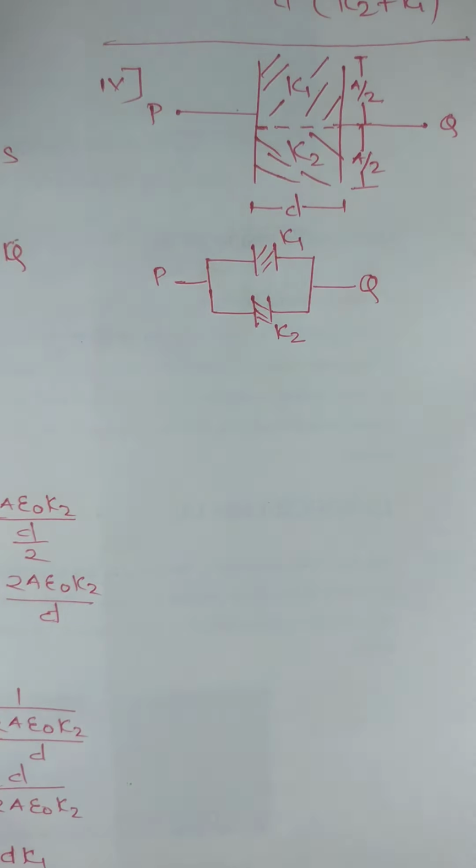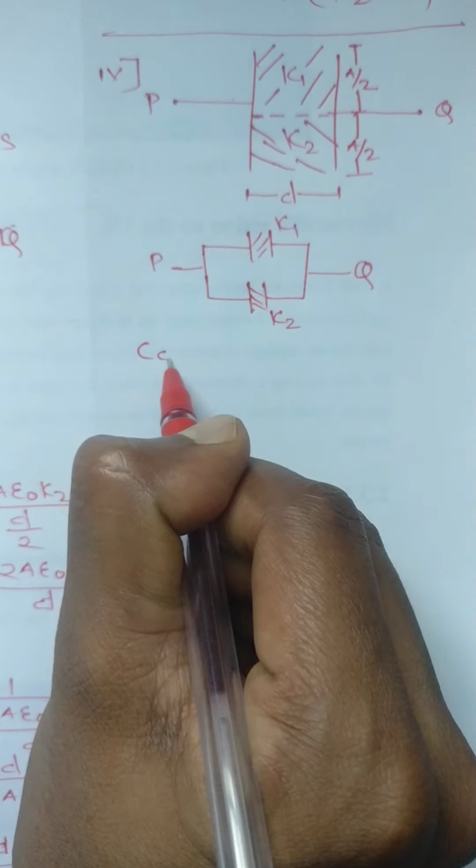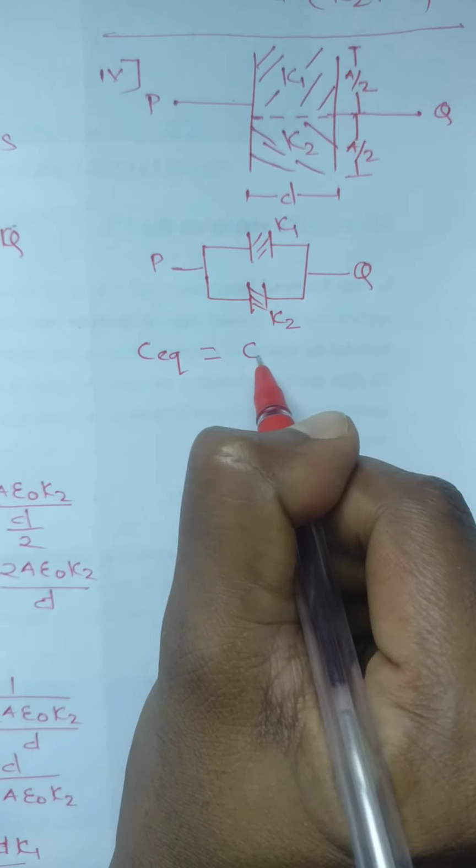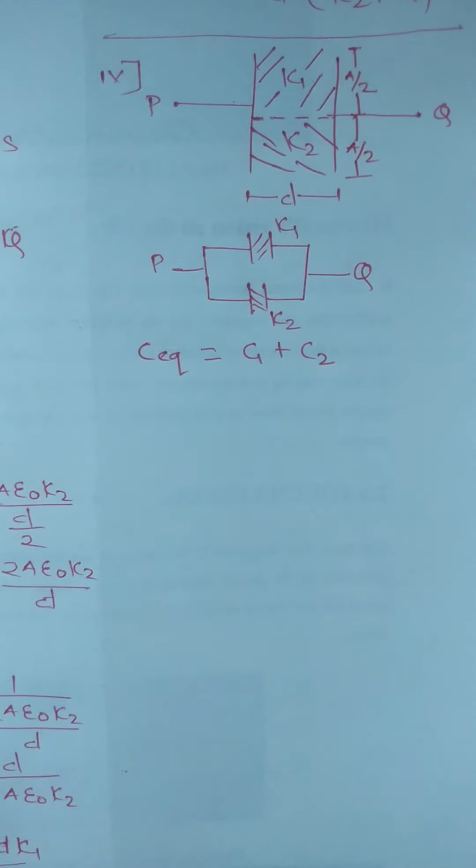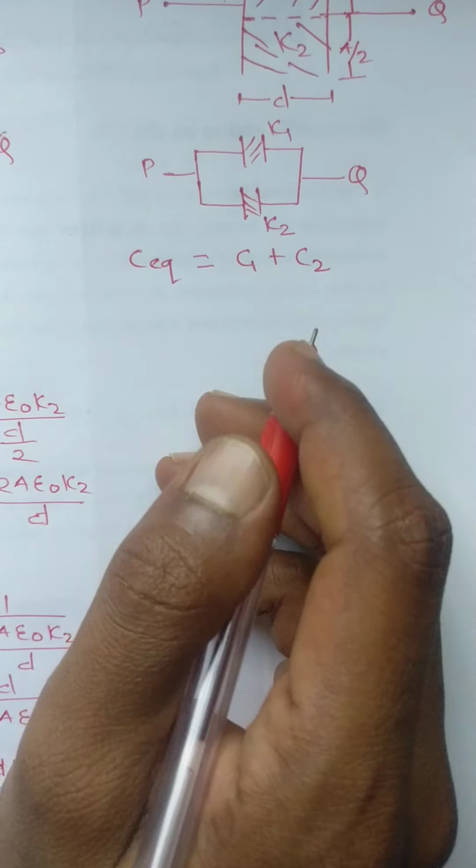For a parallel combination, C equivalent is equal to C1 plus C2. Let us find the value of C1.